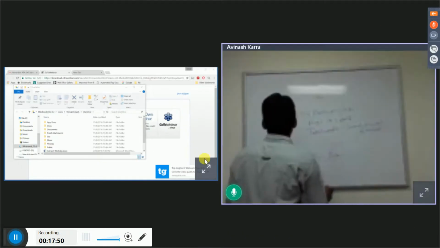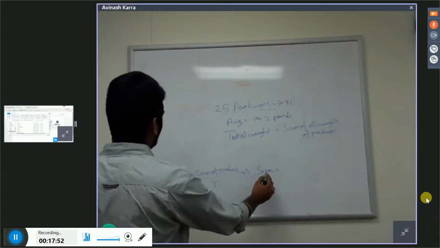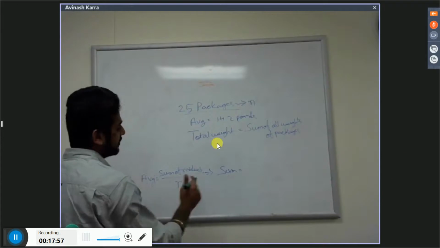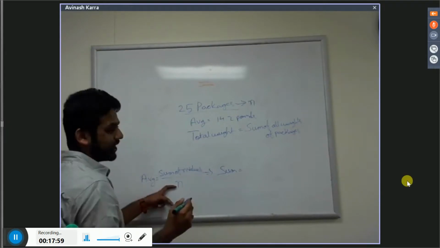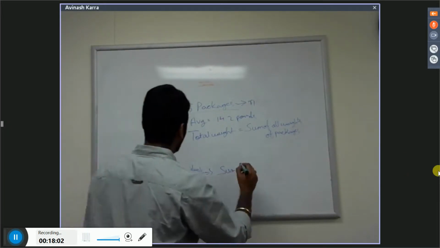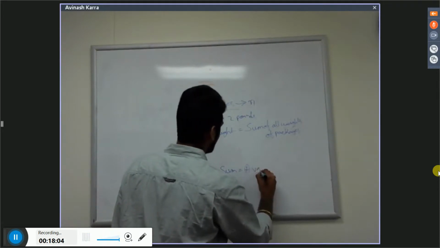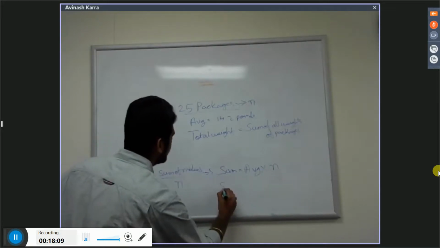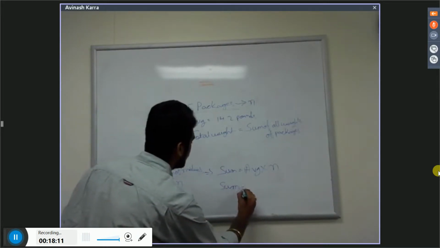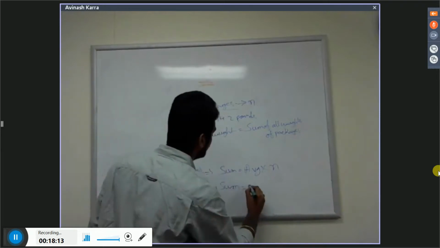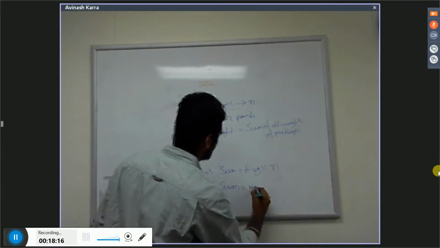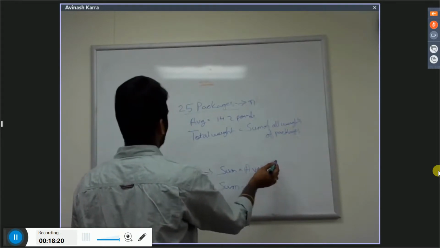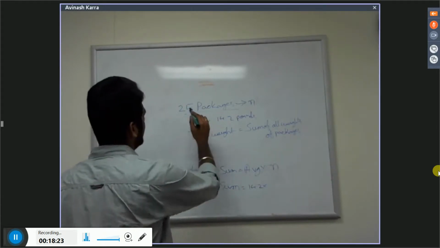Okay. Sum of n values, I'm just writing a sum, is equal to, when n goes to the LHS, here it's dividing on the RHS. When n goes to the LHS, it multiplies. So, average into n. So, sum is equal to, what is average? 14.2 into, and what is n? 25 packages, right?